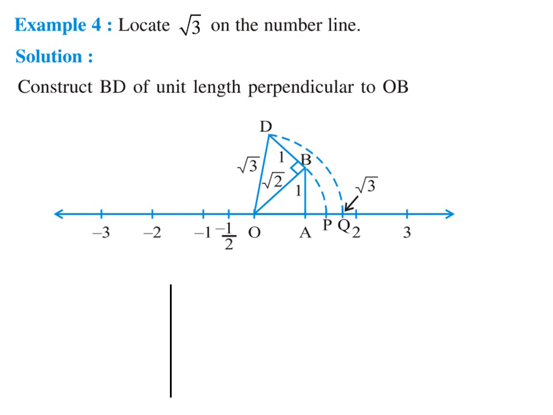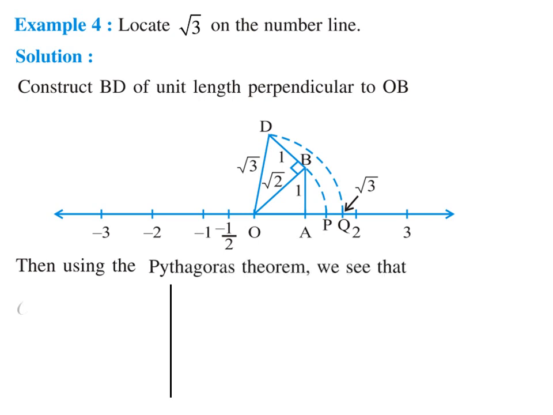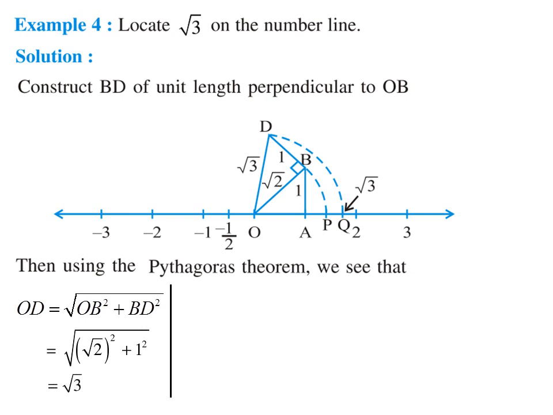Now, this is a right angle triangle OBD. Using the Pythagoras theorem, we find the value of OD, which is equal to the square root of OB square plus BD square. OB is equal to root 2, which we found in the previous question, and BD is equal to 1, so it is root 2 square plus 1 square. Now it becomes the square root of 3.